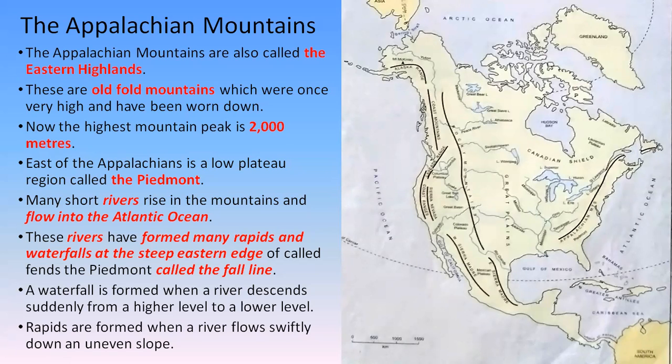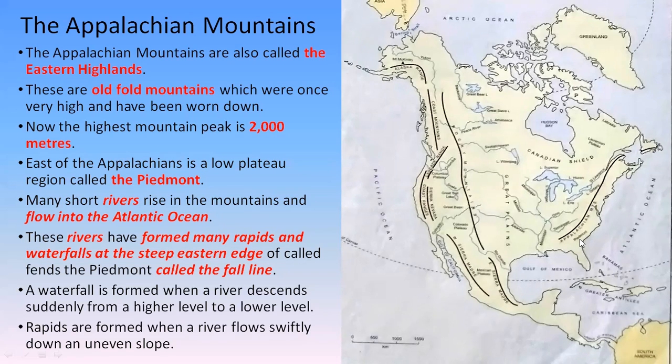And waterfalls, you already know, are water falling down from a high altitude. The definition is given below. Because of these rapids and waterfalls, the Piedmont area is also called the fall line.